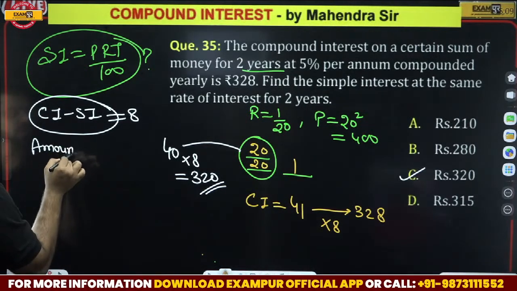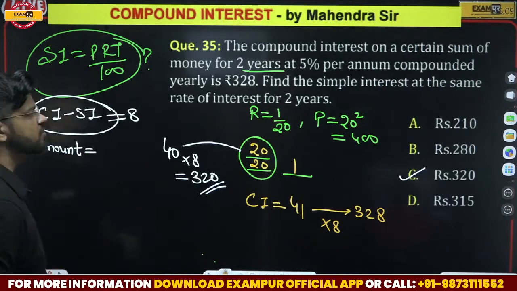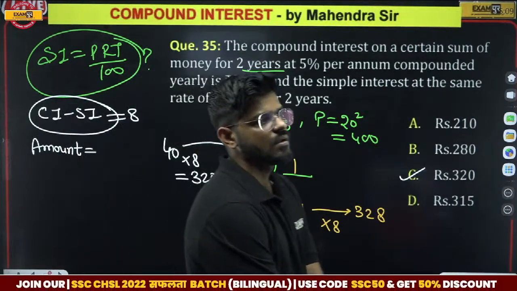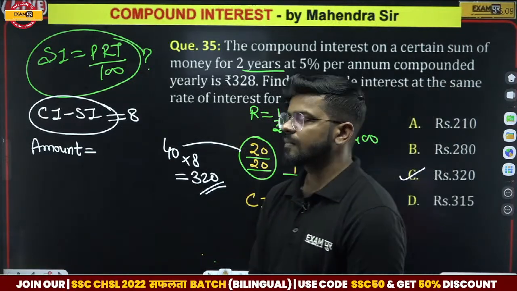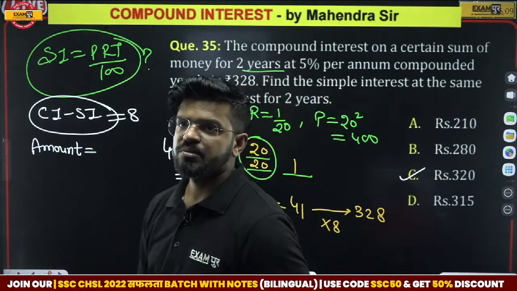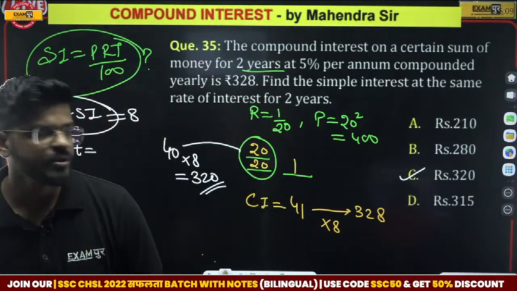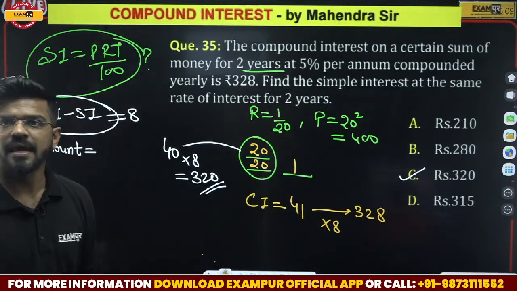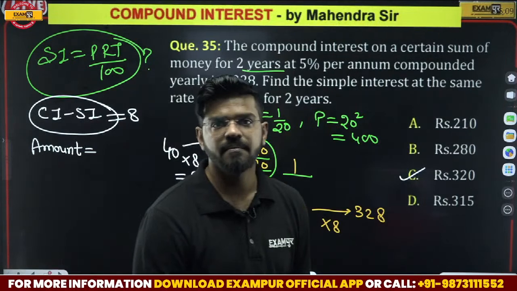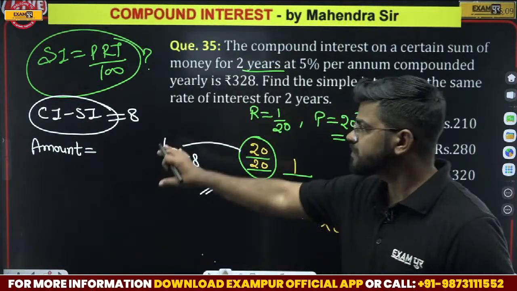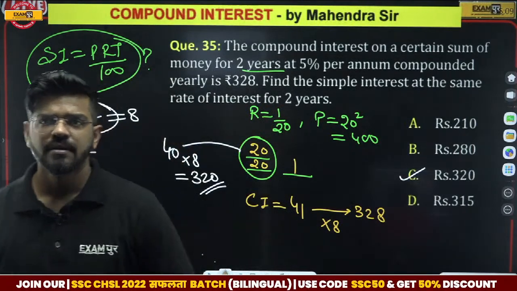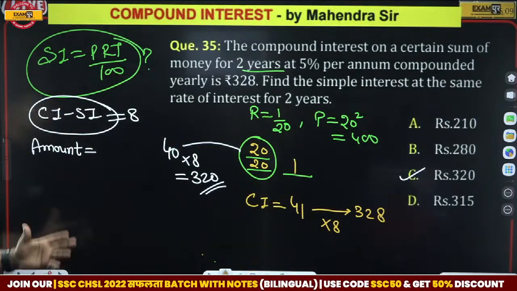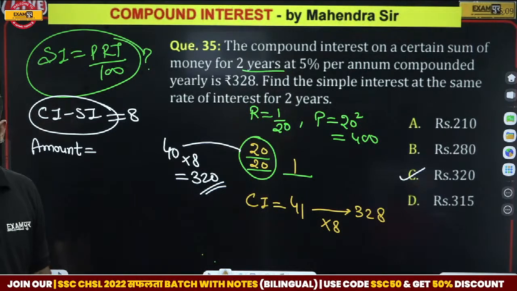They can also ask the amount. What will be the amount in the same question? Yes, Sohani, absolutely correct. Sam is saying 8, absolutely correct. Tell me the amount. Direct calculate.